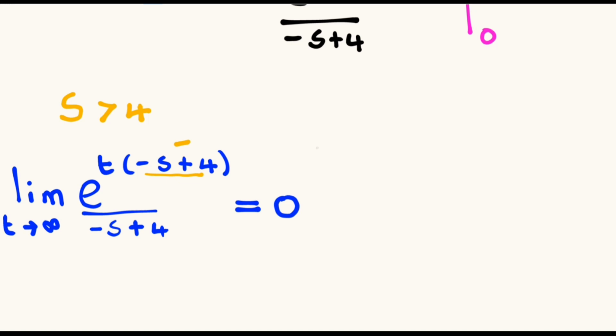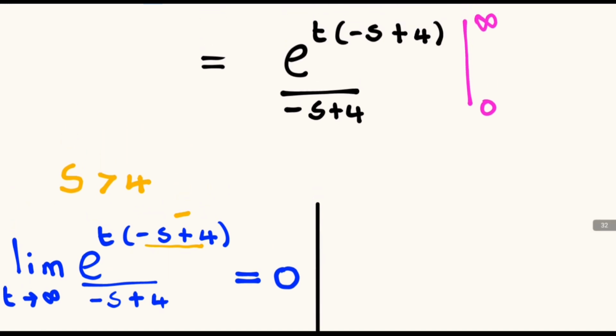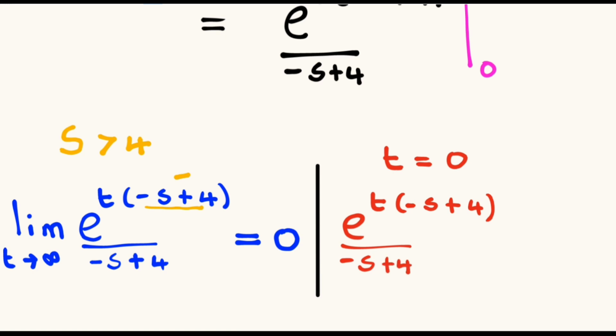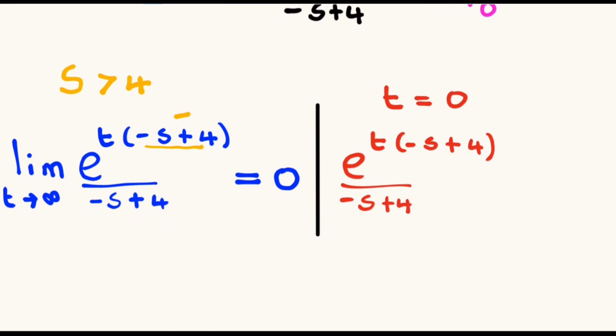And from here, let's evaluate on the other side our limit when the t is equal to 0. So we have to substitute the 0, so we have e raised to the power t into negative s plus 4 divided by the negative s plus 4. So we substitute 0 directly where there is t.